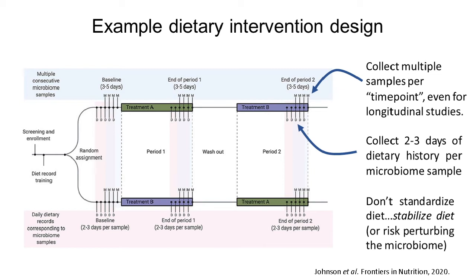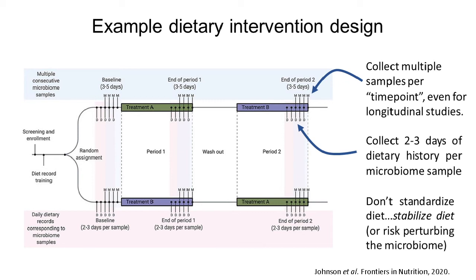And then again, at the end of the intervention, we want to collect several consecutive microbiome samples and take their average. So we're only using them as kind of a single time point, so to speak, but having multiple of them will get rid of all that day-to-day variation in each person.